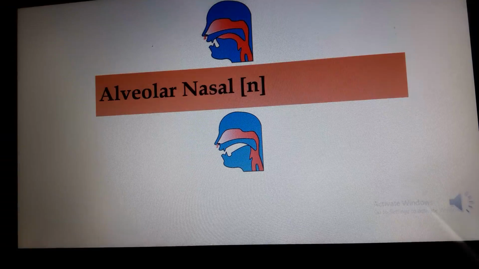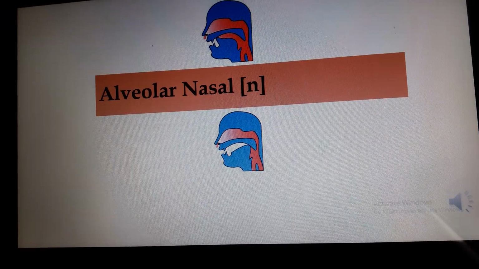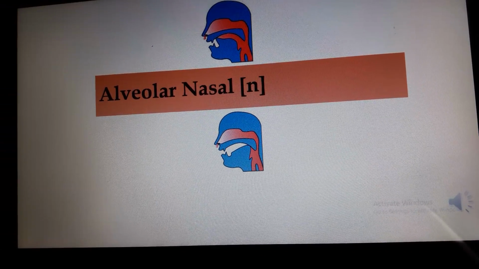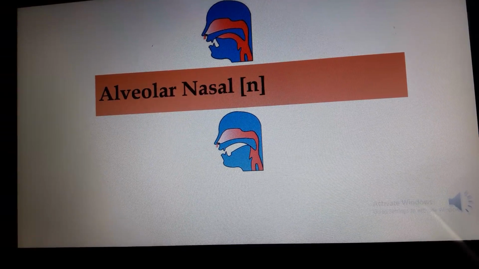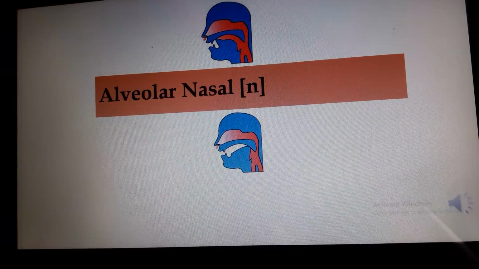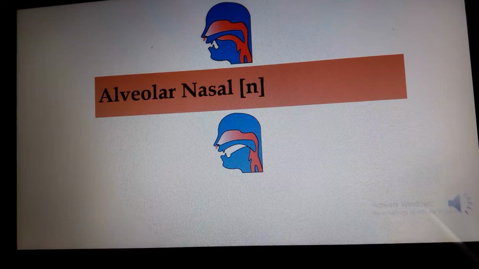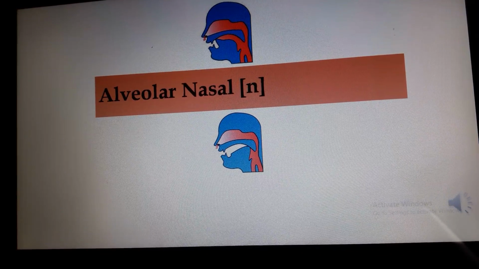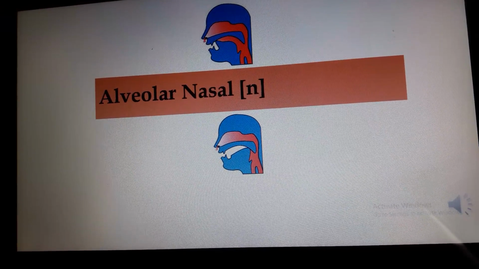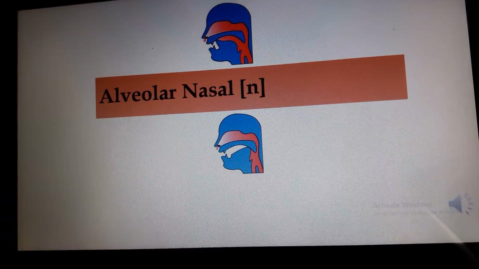Okay, the first picture is alveolar nasal with the consonant N, and the tip of the tongue is pressed against the alveolar ridge, forming the complete obstruction. The active articulator is the tip of the tongue, and the passive articulator is the alveolar ridge.